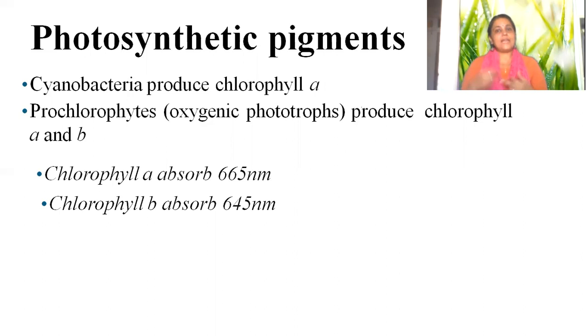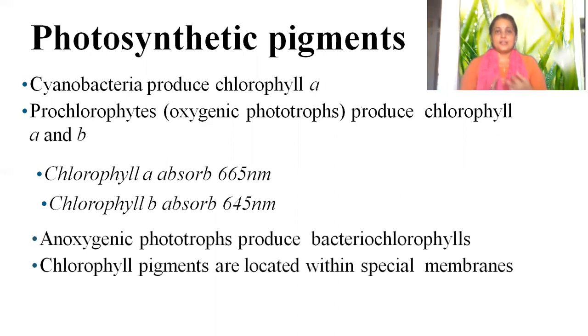Chlorophyll A and B absorb light from the red and blue wavelengths, and they emit green color. So these photosynthetic organisms having chlorophyll A and B look green in color.